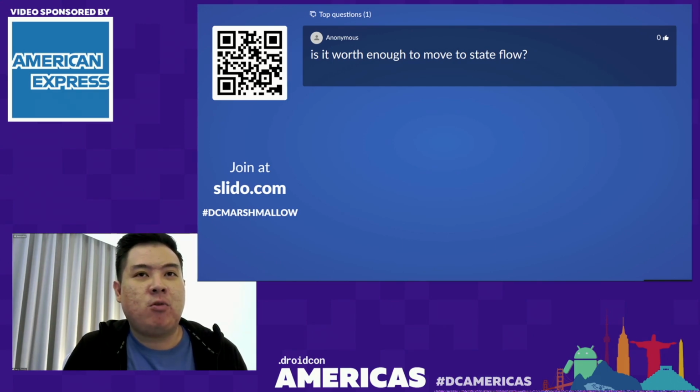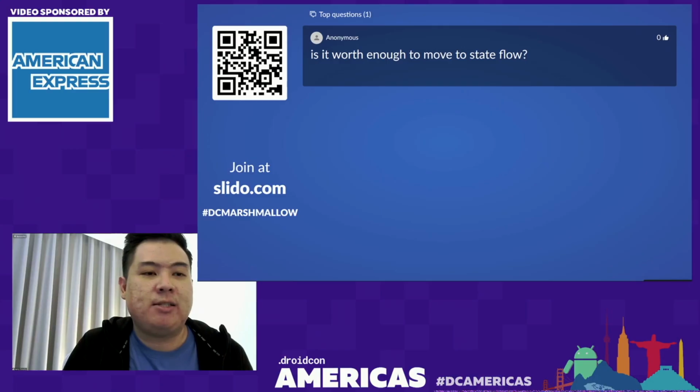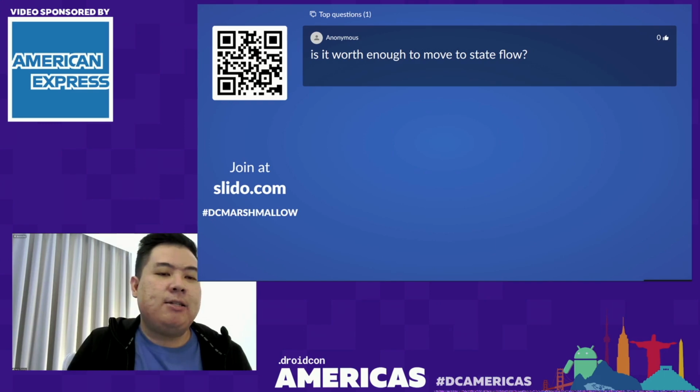Maybe we don't want to convert the existing code into StateFlow, but if we are working on new code, maybe we want to consider moving to StateFlow, because StateFlow has a variety of really helpful operators, which can make our job really easy, and make everything easier.